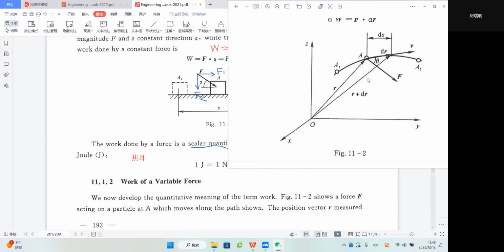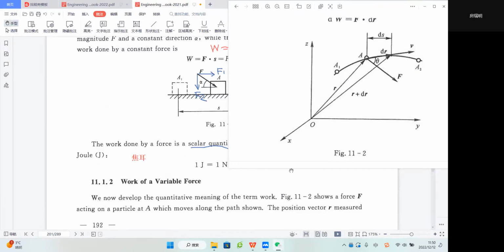When we analyze the motion of a particle, if we know the particle moves along a fixed trajectory path, then at some position we can analyze its velocity and acceleration, right? Here we talk about the force acting on this particle, and this particle has this path of motion.